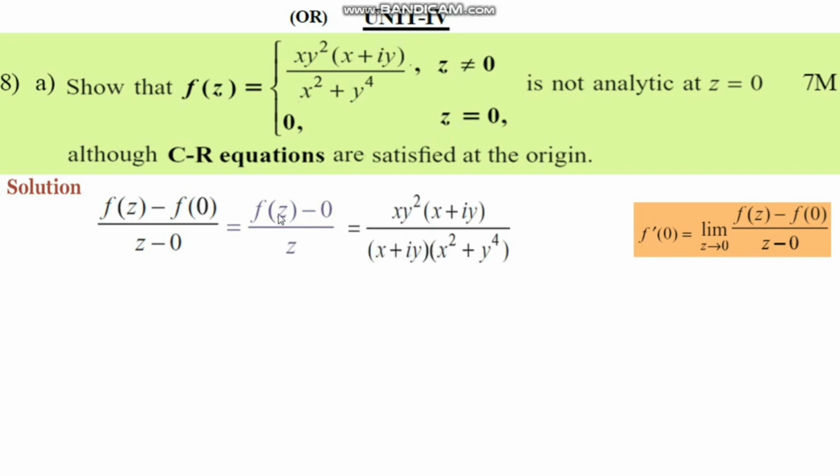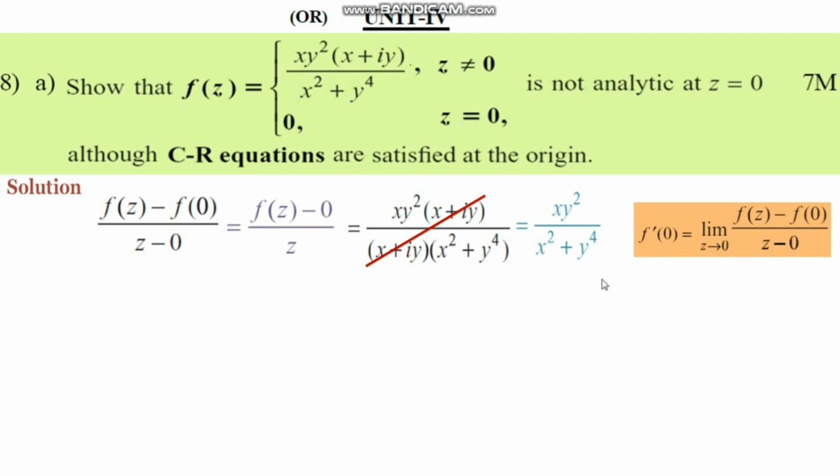For z not equal to 0, f of z is xy square times (x plus iy) by (x square plus y power 4), and z is x plus iy. The x plus iy cancels, and we have xy square by x square plus y power 4. To get the limit of this function, we have infinitely many directions. Why? Because it is a complex function.